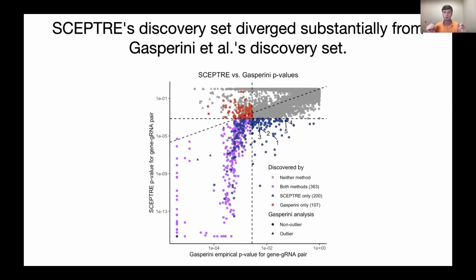Among the gene enhancer links discovered by either method, Scepter and the original method only agree on about 50% of those links. So there is pretty substantial disagreement between the two methods.